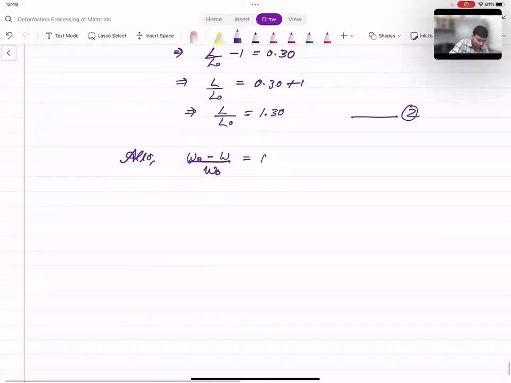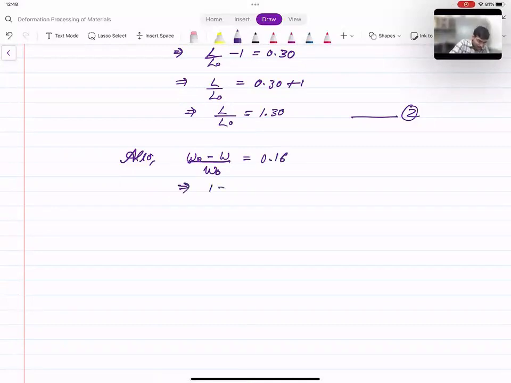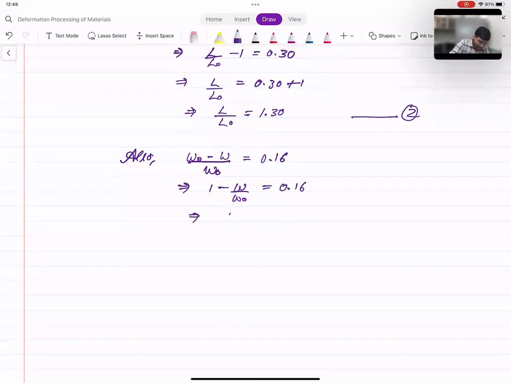So this will be 0.16. Upon rearranging, 1 minus W by W naught is 0.16, or simply W by W naught comes out to be 1.16.